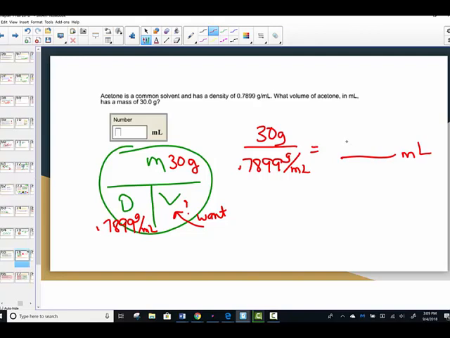I'm just doing that twice to be sure I hit it right. 39.979. We're allowed 3 significant digits. This looks like it would need to round up to 40 mils. Notice how I made 3 sig figs in my final answer.